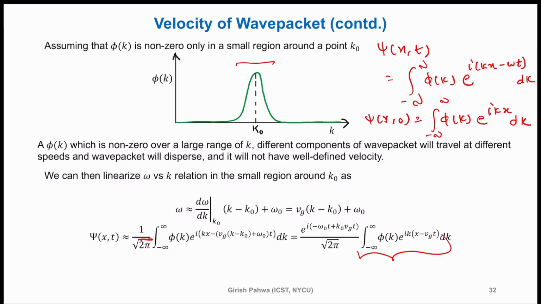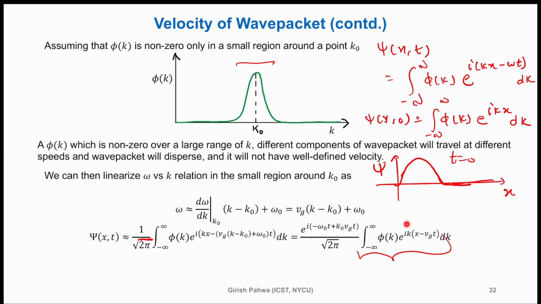What is this thing? So psi x comma 0 is the wave function at t equal to 0. If I take the real part of that, it looks something like this. I'm drawing psi as a function of x now. Okay, it's a wave packet, right? And say at t equal to 0, this is how it looks. It's some kind of a function of x.